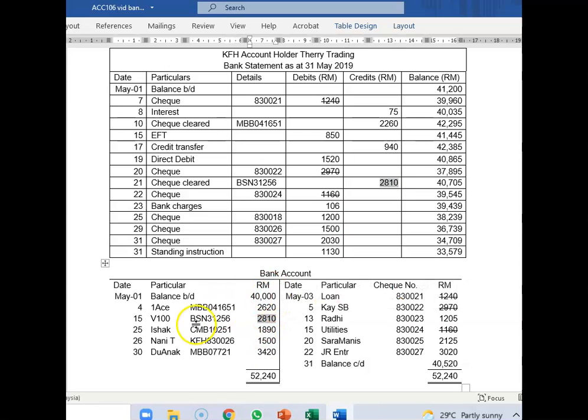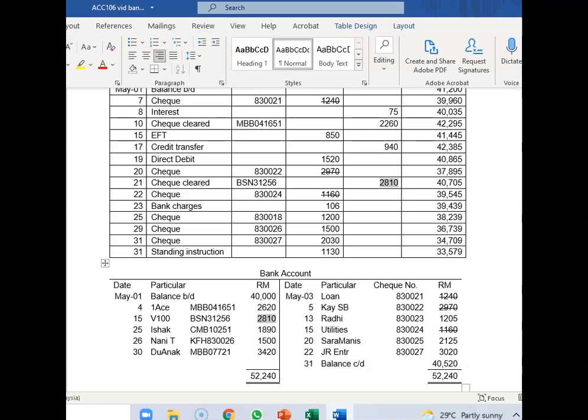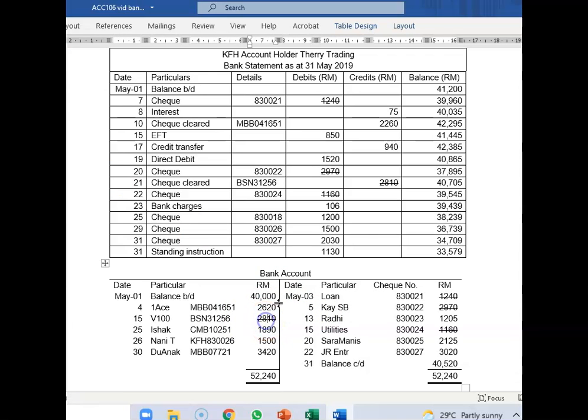Double check the check number, PSN 31256, the same, so you can cross them out. You need to cross both, in the bank statement and also in the bank account. Okay, there are no figures left to be compared.